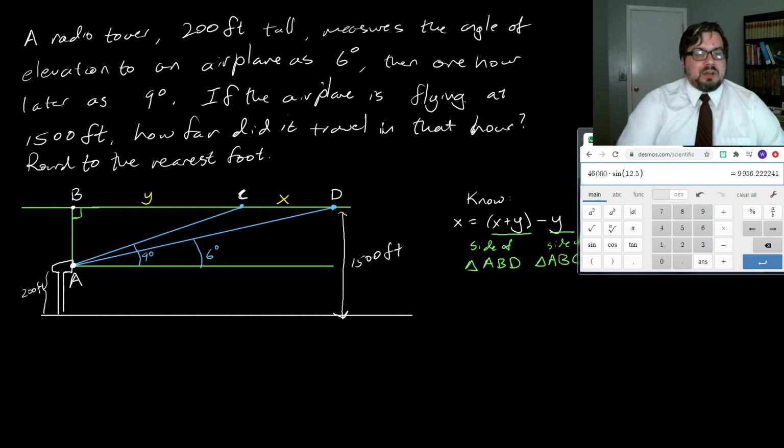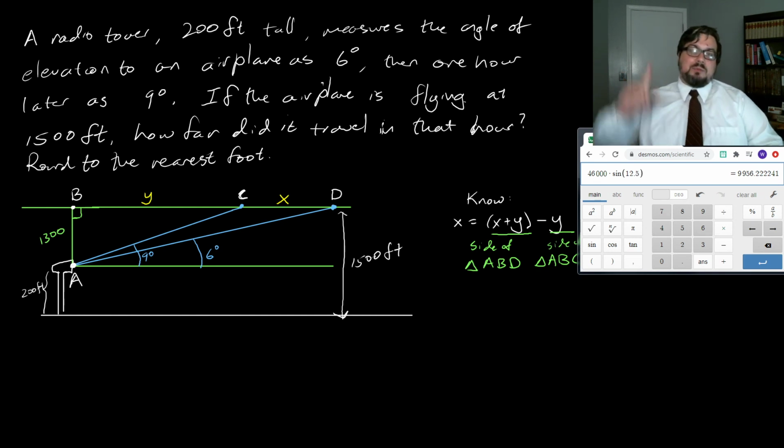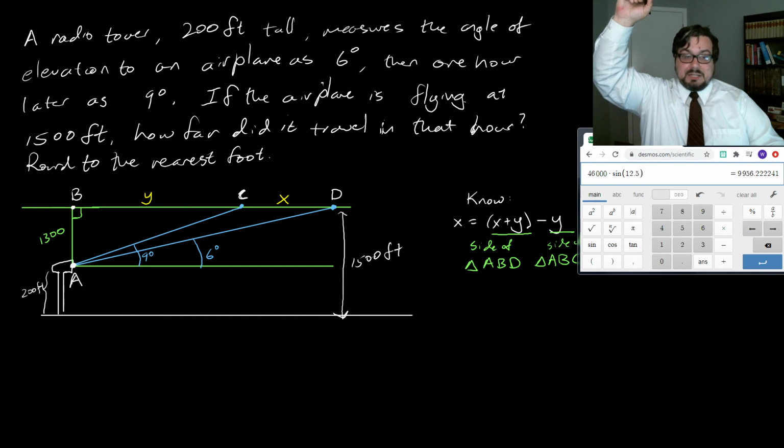So when we come over here and look at these triangles, the first thing that we can figure out is the length of the vertical side AB. This is pretty straightforward. We know that the plane is cruising at a height of 1,500 feet. We know that the watchtower is 200 feet tall, and therefore the distance straight up from the watchtower to the altitude of the plane is 1,300 feet.